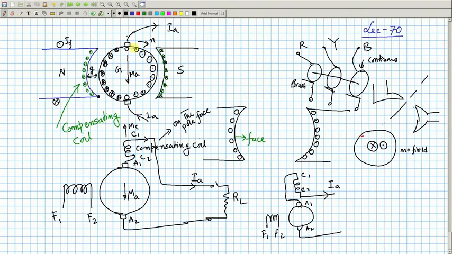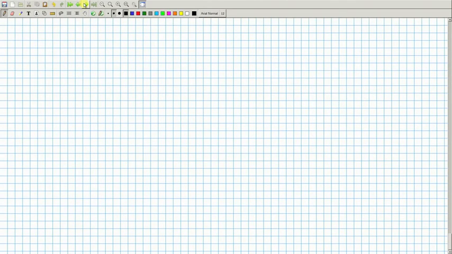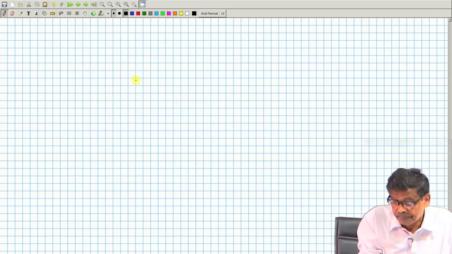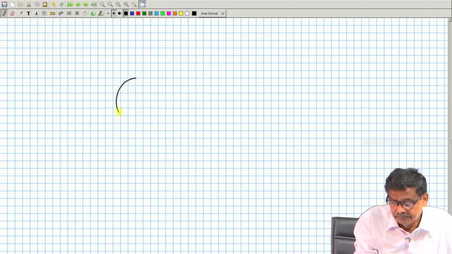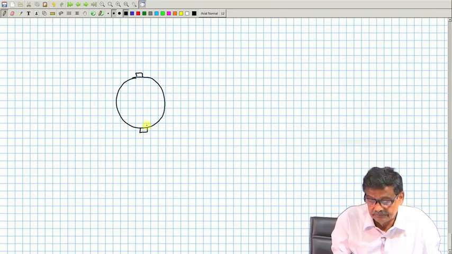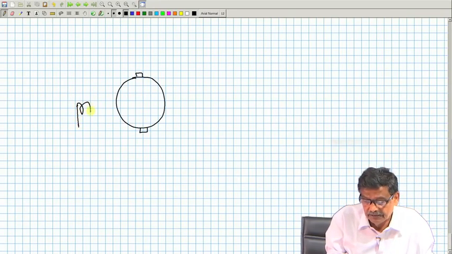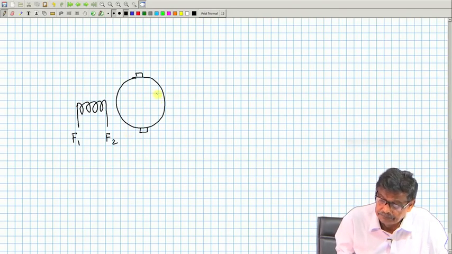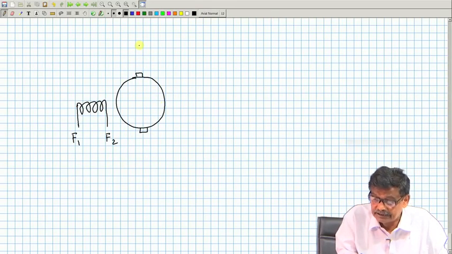So, in that case what is done is that, this is the armature coil, this is the armature conductor, here is your field coil F1, F2, and here is your compensating coil.